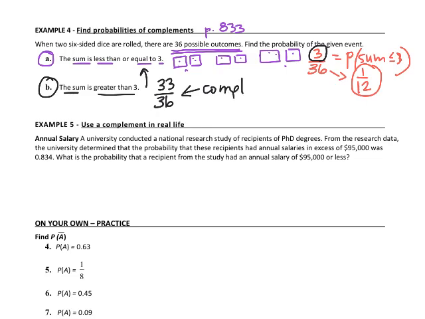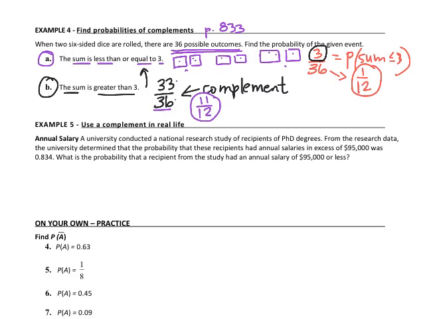The complement is the opposite of the probability that we were just looking at. So we could say that this is going to reduce to 11/12. You always want to reduce the fraction that you have in terms of the probability fraction, so I can divide 3 into 33 and get 11, and divide 3 into 36 and get 12.